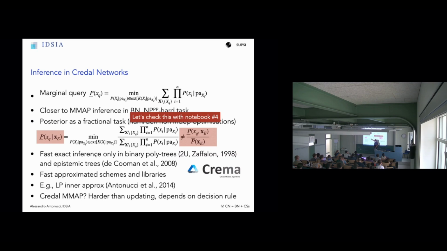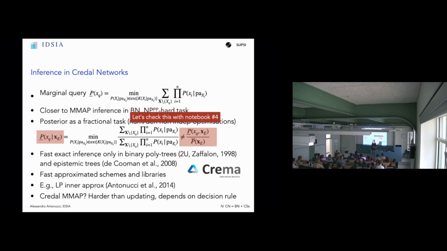If you do the minimization only over the credal set of a single variable, this function is going to be a linear function, while in the general case it is multilinear, like a polynomial. So linear tasks are easy to solve by linear programming. And even if you want to compute the posterior, this is called fractional linear programming.